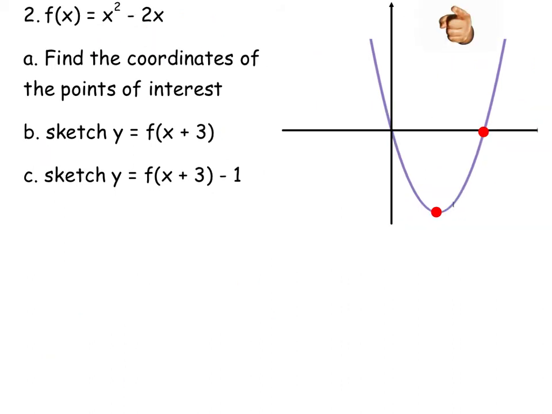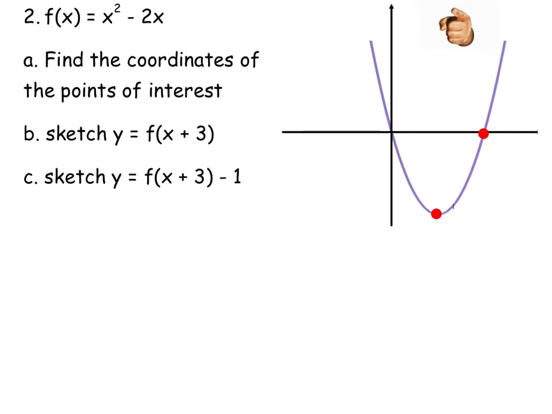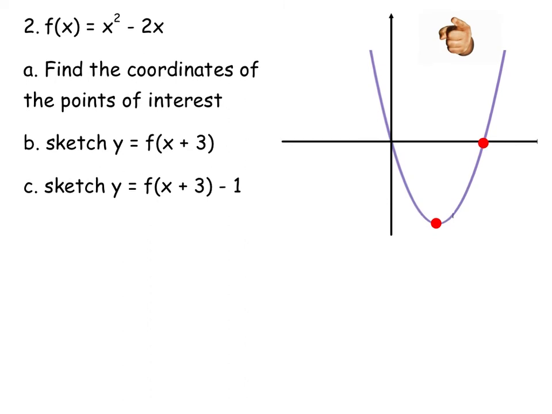Okay, let's have a look at this question. Right, I know fine well I'm going to run out of space on this one. Right, so we want to find the coordinates of the point of interest. So to get that, we have to factorise the equation, which is x squared minus 2x. So that gives you a common factor of x, bracket x minus 2 equals 0.